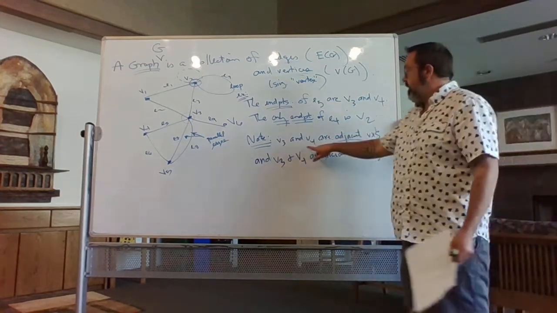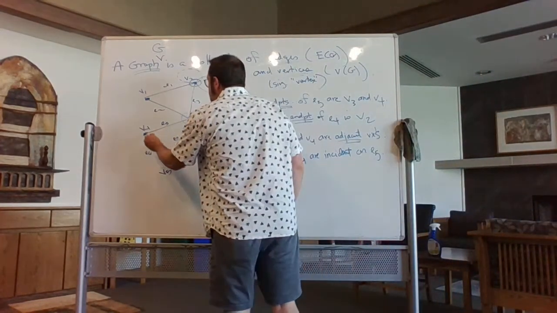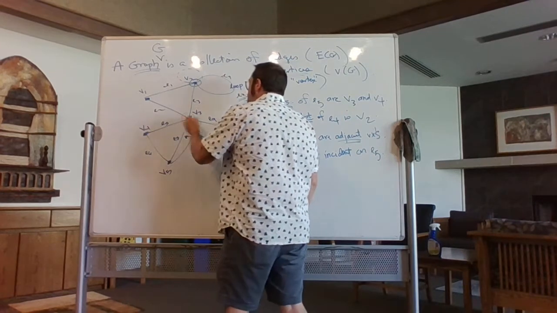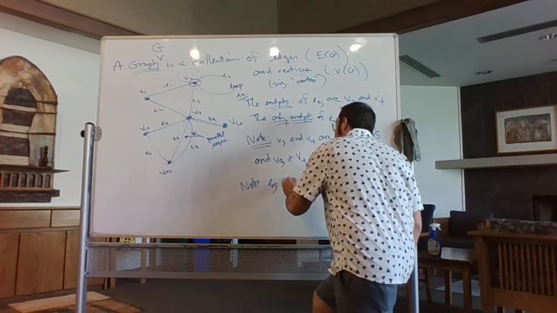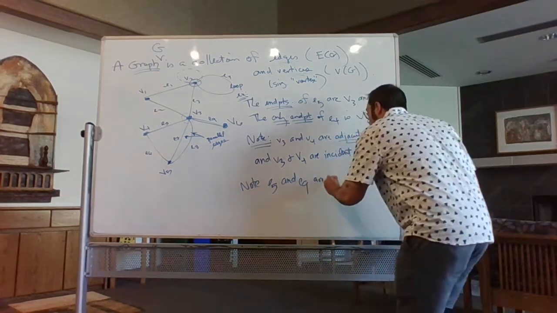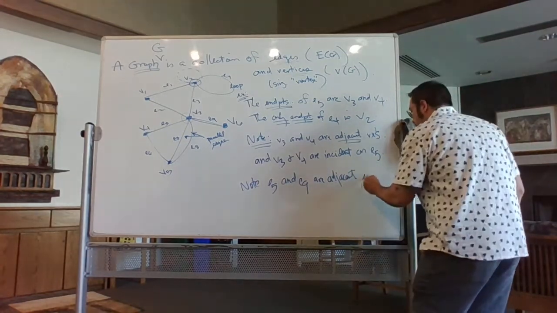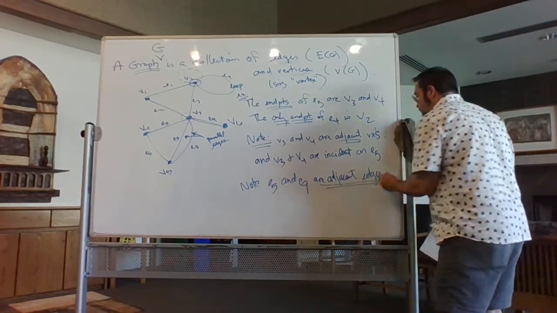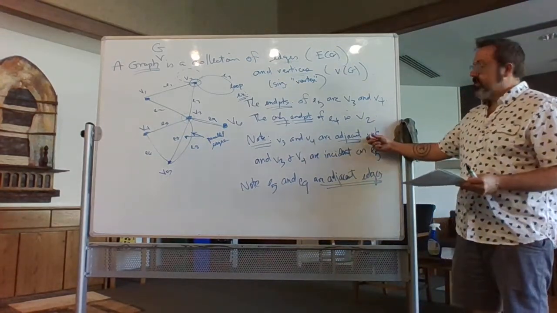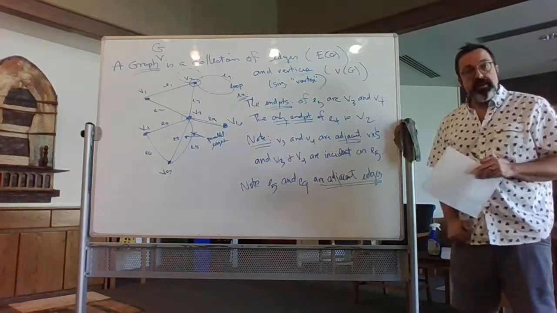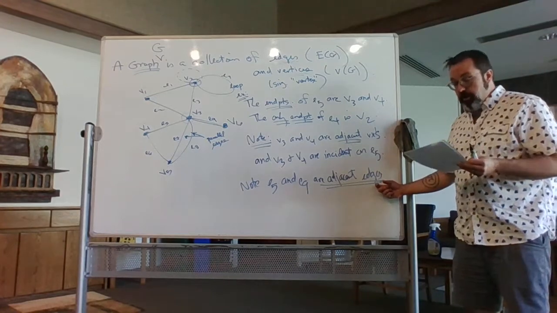Just like V3 and V4 are adjacent vertices because they share an edge, you can talk about, for instance, E5 and E9. E5 and E9 are adjacent, squeaky marker, edges because they share a vertex in common. So anytime two vertices have an edge that connects them, we say they're adjacent. Anytime two edges have a vertex in common, we say they are adjacent.